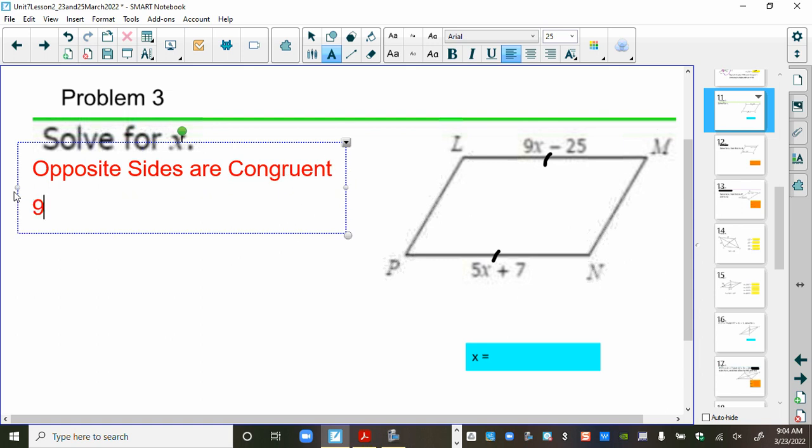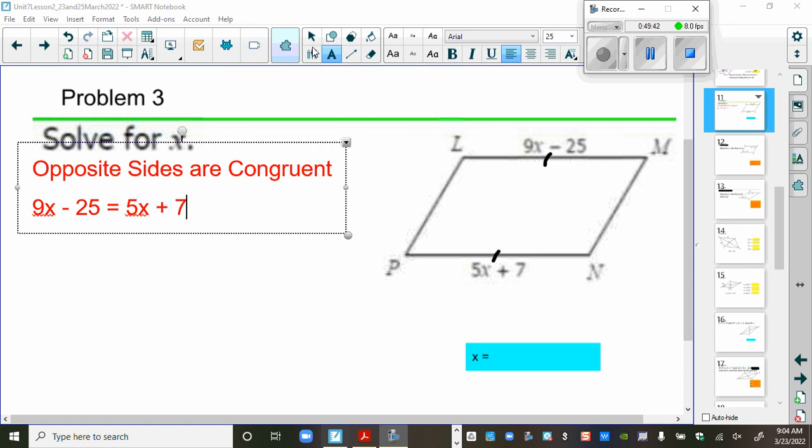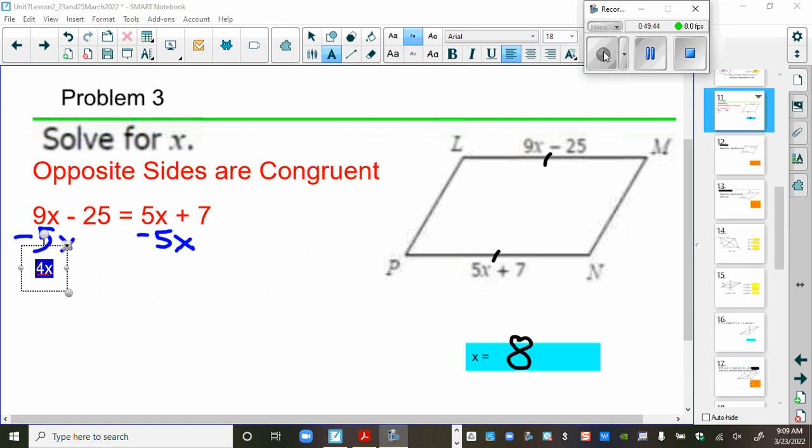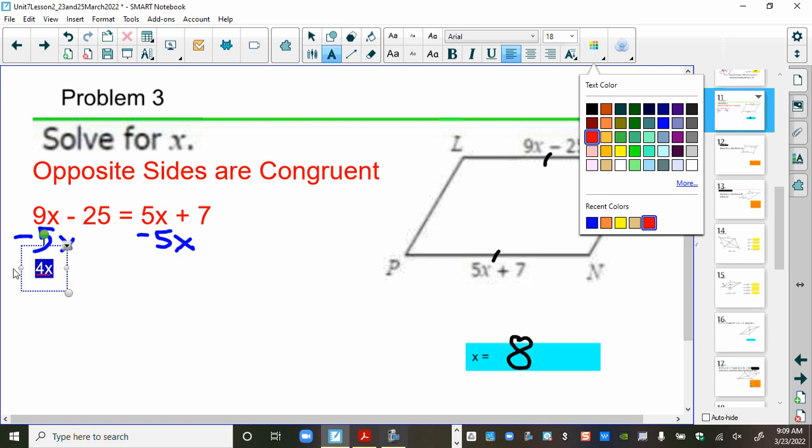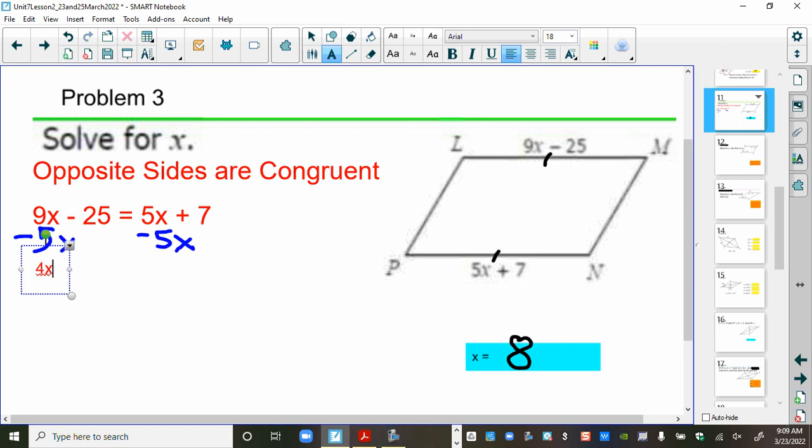That means you set 9x minus 25 equal to 5x plus 7. I want you to try to solve for x. Give you all a minute or two. 4x minus 25 equals 7.